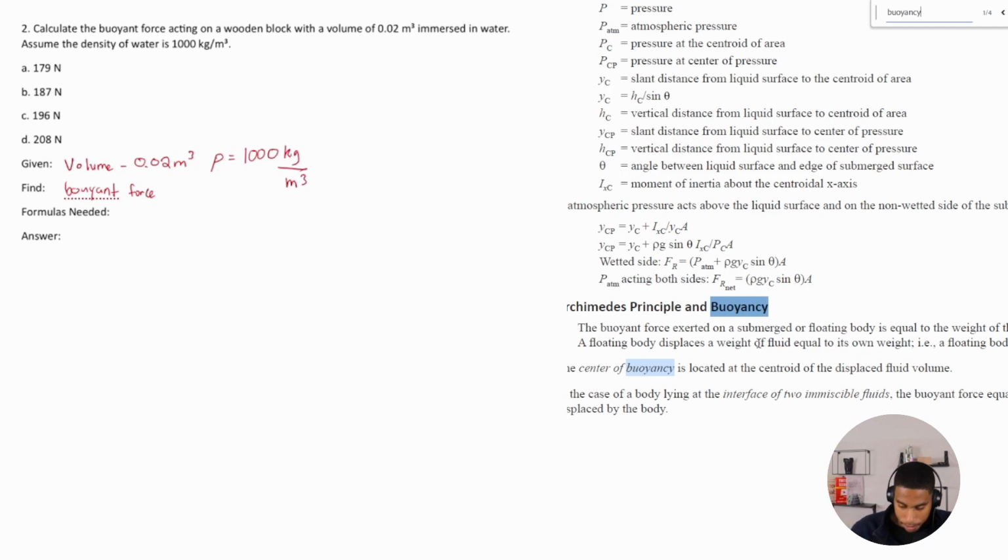So let's draw this out, because I think that'll help us a little bit. So say we have water again, right? And we got our cup. Cup of water.